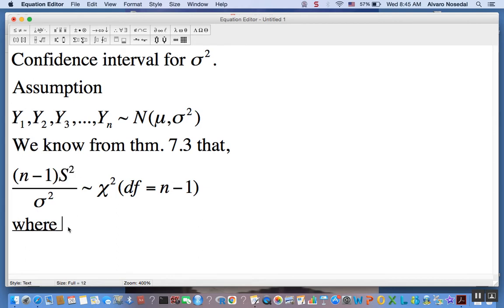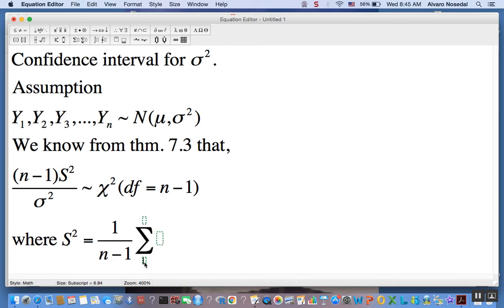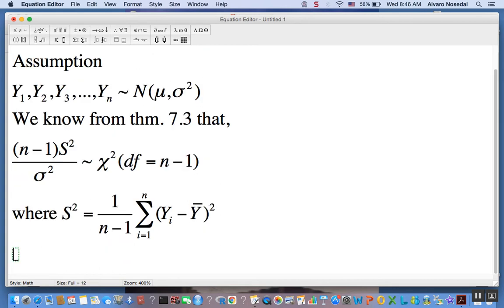S squared is 1 over n minus 1 times the summation of i goes from 1 up to n of yi minus y bar, squared. Okay, make sense?